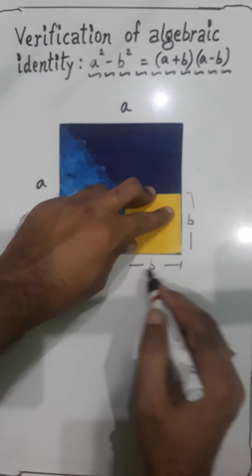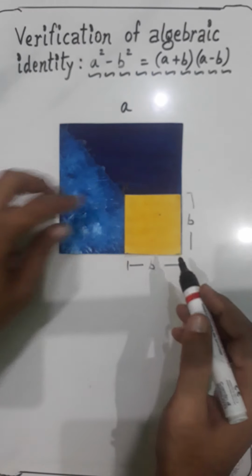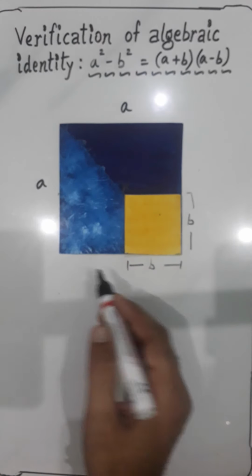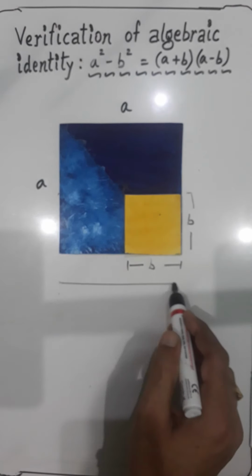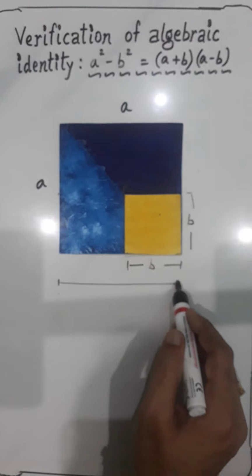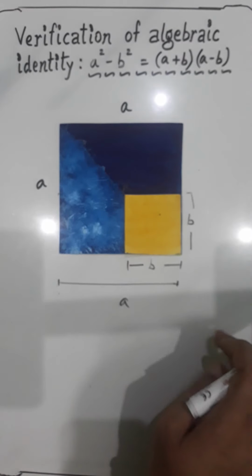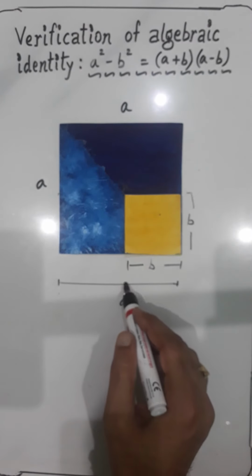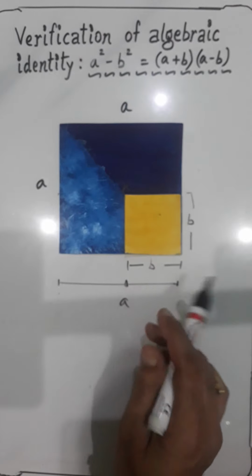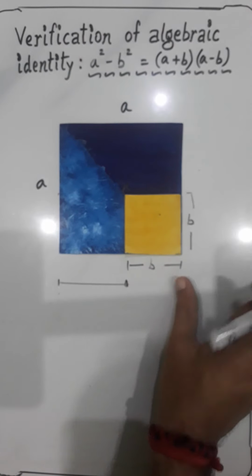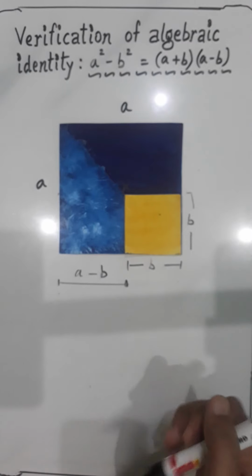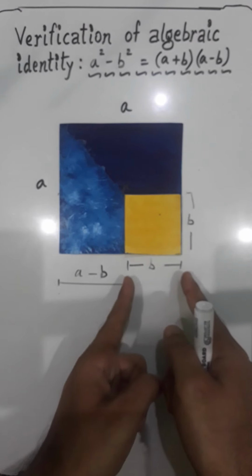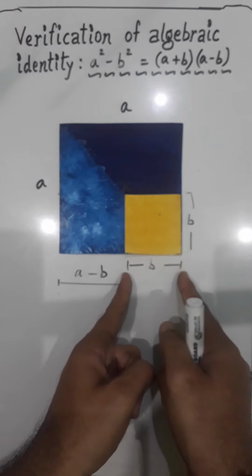Then if we talk about the leftover portion over here, if this entirely was a and this much is b, it means that the leftover portion will be a minus b, because from this entire a we have reduced this b.